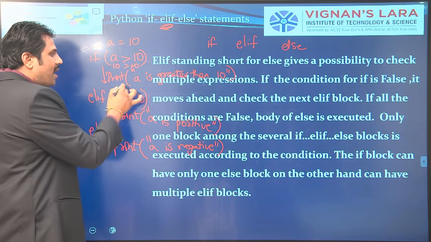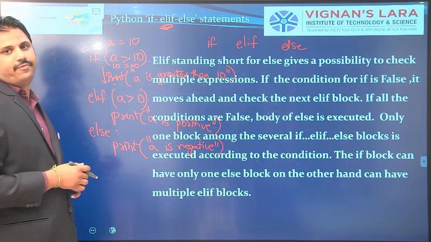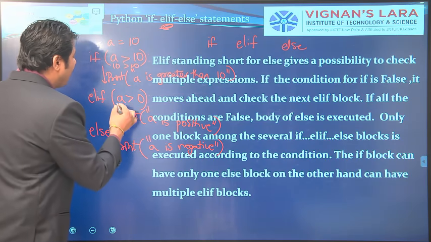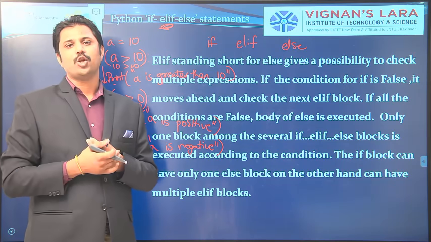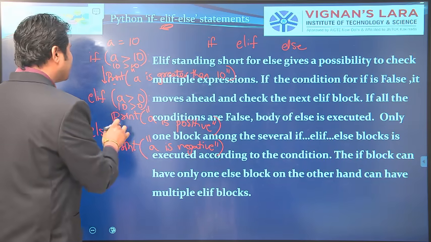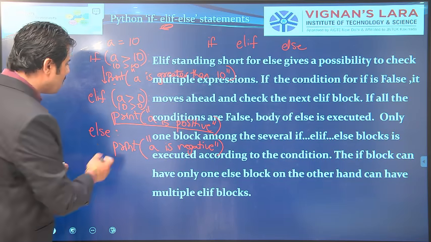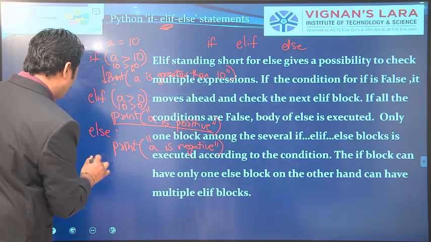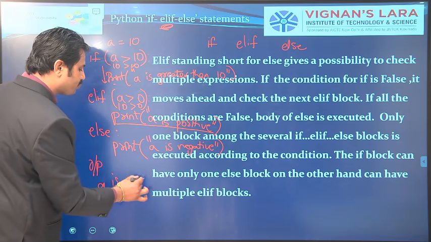So it skips the if block and goes to the elif. Here elif 10 is greater than 0. Yes, 10 is greater than 0. It is true. Then it simply executes this statement. What is the statement? a is positive. My output is a is positive.